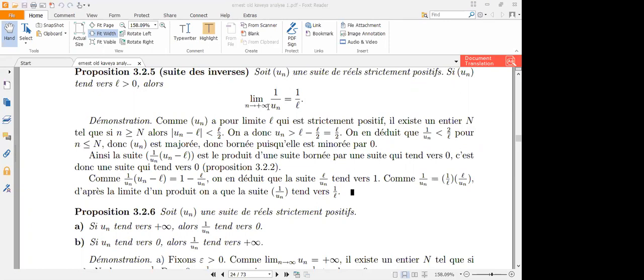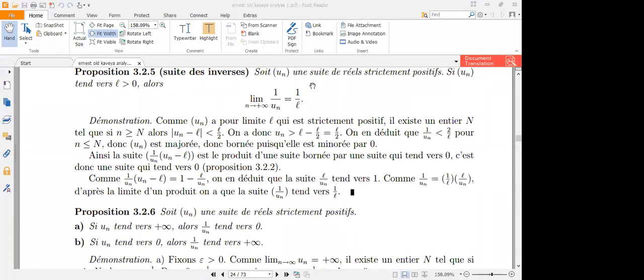This is why here it's 1 over UN, and that equals 1 over L. Because this is an inverse. So that's that on that part.